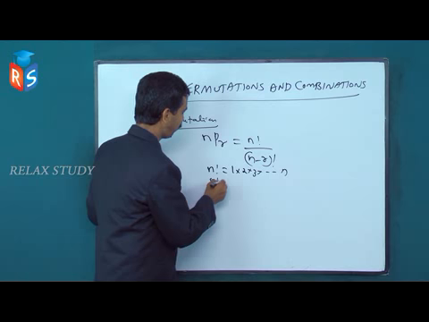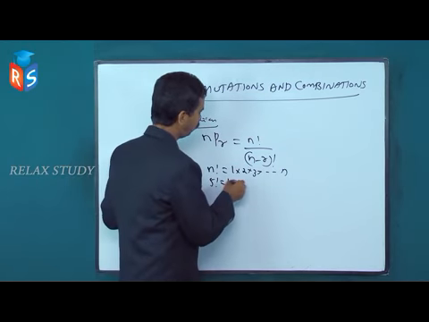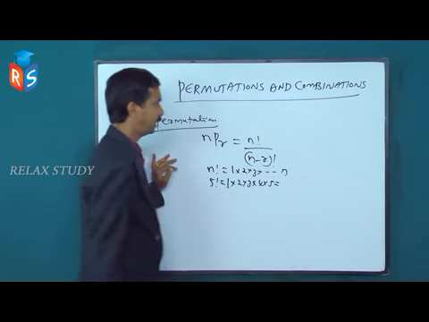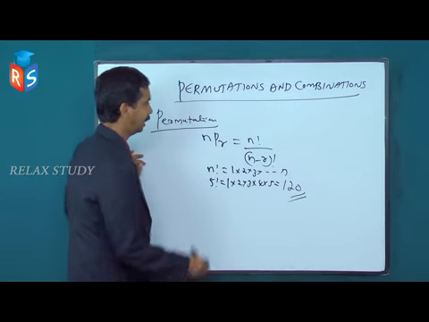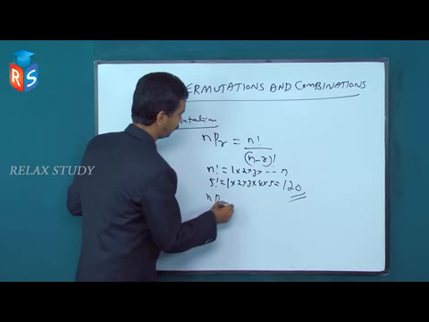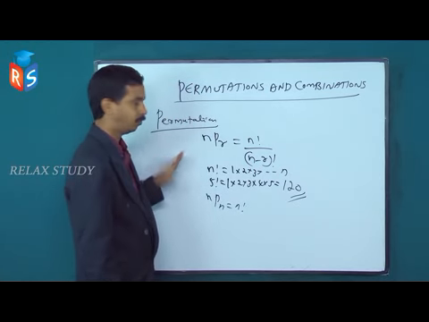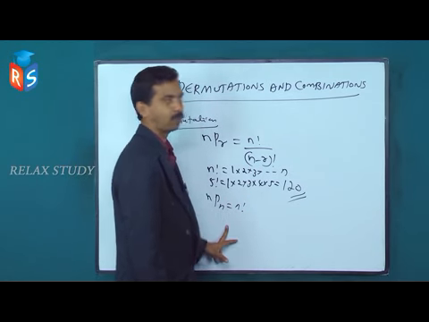For the number 5, 5 factorial is the product 1 into 2 into 3 into 4 into 5, which equals 120. And nPn equals n factorial. If we arrange them fully, nPn means n factorial.